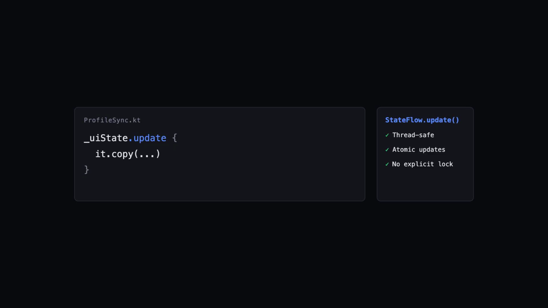Precisely. It uses really efficient synchronization internally. Wow. So it ensures that if multiple coroutines try to update the state at the exact same millisecond, absolutely none of the updates get lost. So for UI state, it completely removes the need to introduce a heavy mutex into your application logic. That drastically cleans up the mental model for me.